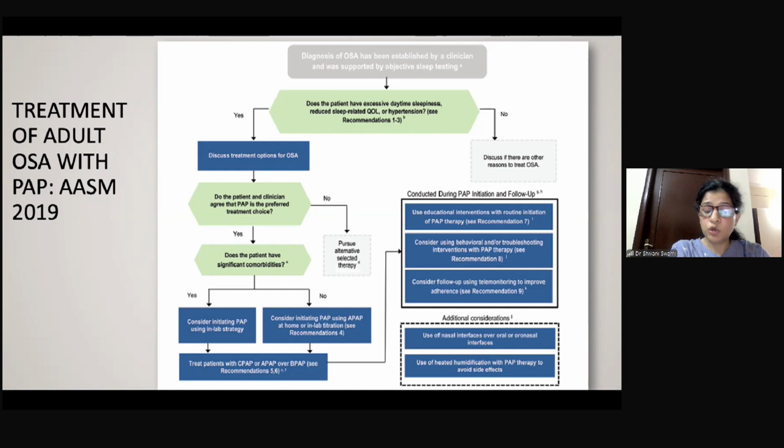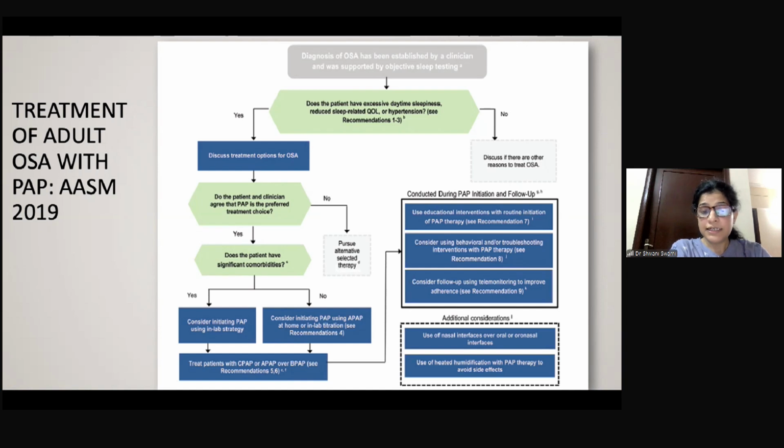Of course, the gold standard of treatment till date remains PAP therapy. However, there would be a subset of patients who may not actually be willing for PAP therapy. So what do you do in these patients? So basically, for those patients, we move on to sometimes selected non-PAP therapy, which Chawla sir would be discussing. But my topic today is PAP therapy.